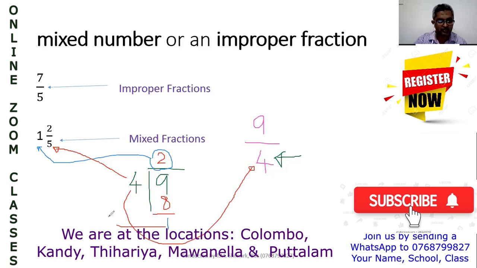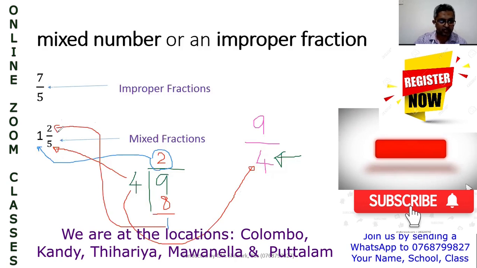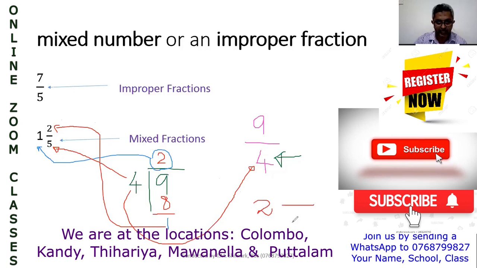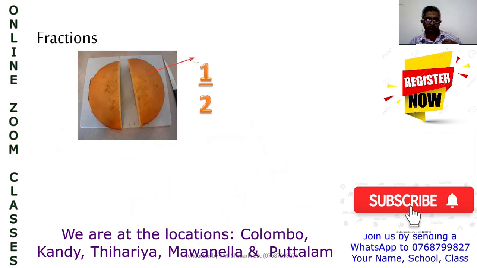That's all you have to remember. So that way you will put 2, and you divided by 4, the remainder is 1. This is 1 over 2: 2 and 1 by 2. Some examples I'm just showing you.